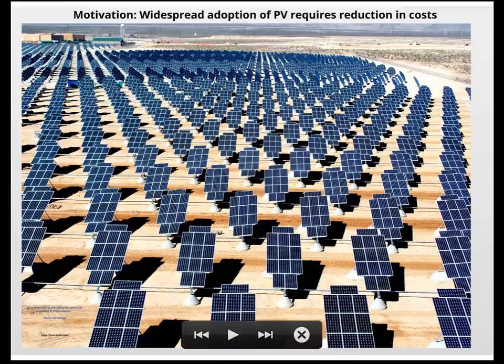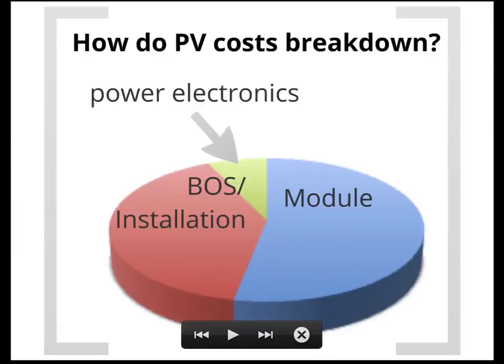So we can break down the cost into mainly three portions. The blue one is the module cost, which is the cost of the solar cells and the module itself. And there is the power electronics cost, which is basically the cost of the inverters.